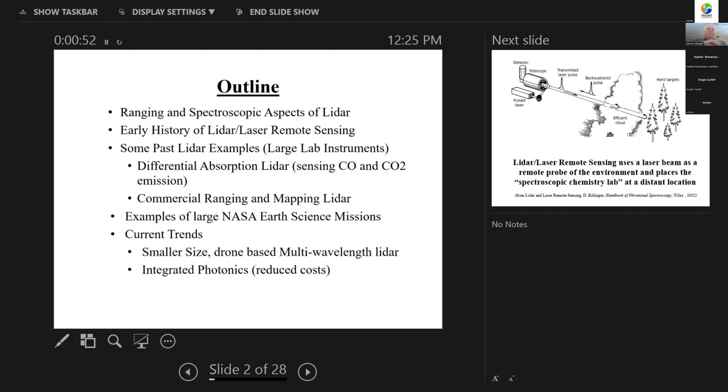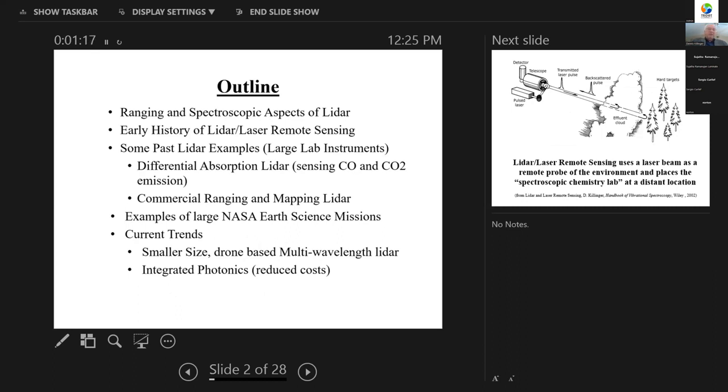Sort of the outline of my talk. We'll talk about ranging and spectroscopic aspects of Lidar, as Lidar or laser remote sensing, and some past examples so you can see what the size is and what they were doing and what the complexity is.